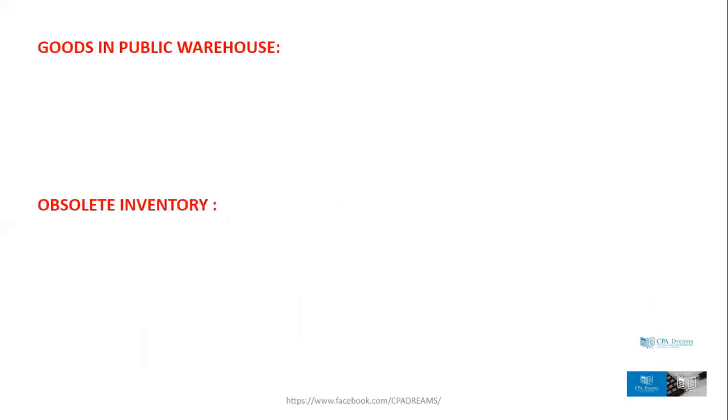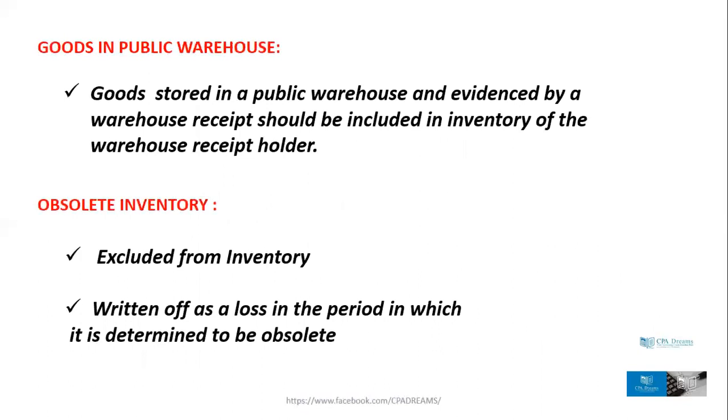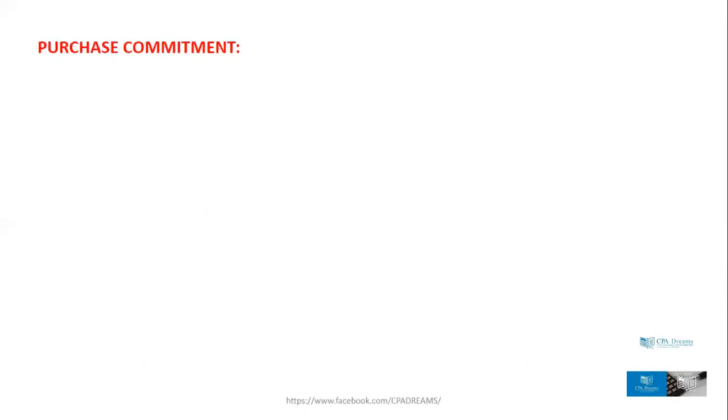Okay? So goods in public warehouse, these are stored in public warehouse and evidenced by a warehouse receipt, included in inventory of the warehouse receipt holder. Obsolete inventory, they are excluded from inventory, written off as a loss in the period in which it is determined to be obsolete. That's the reason it is measured at net realizable value ang inventory natin.